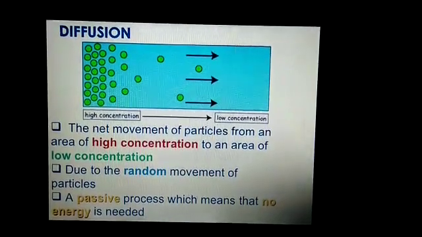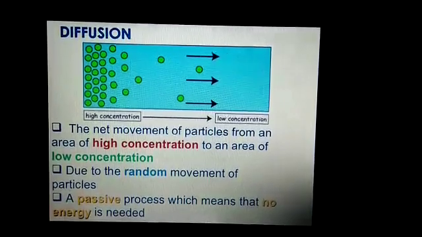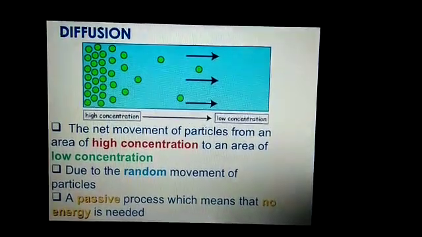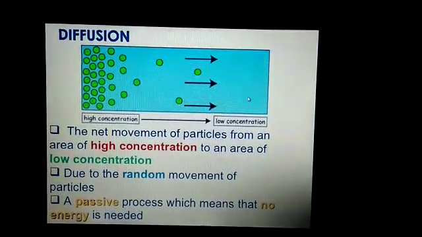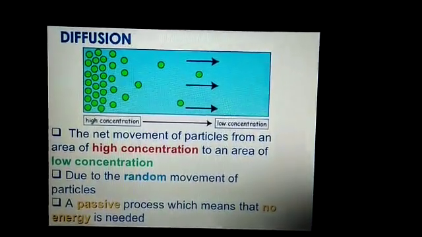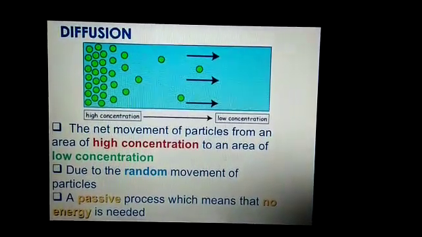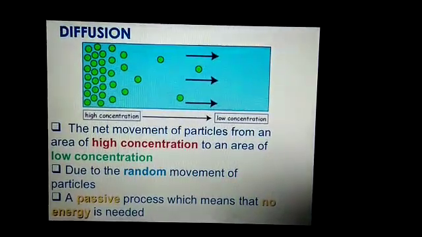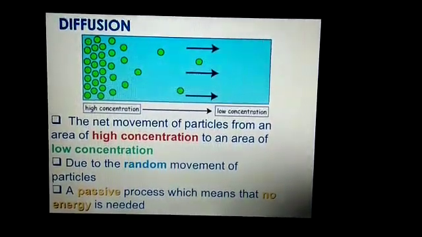As you can see in the given picture also, from the high concentration area the molecules move towards the low concentration due to the random movement of particles, and this is diffusion.